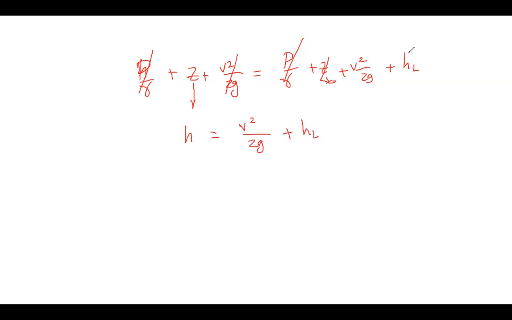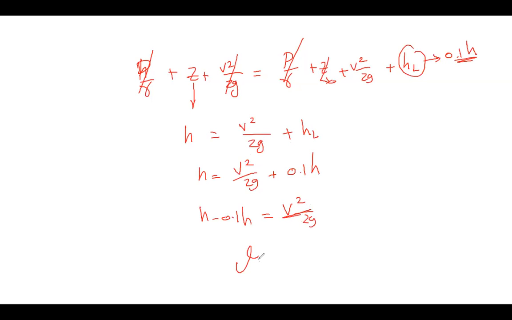The H losses mentioned in the question is 0.1 H, as given. So H equals V squared over 2G plus 0.1 H, correct? It means H minus 0.1 H equals V squared over 2G.